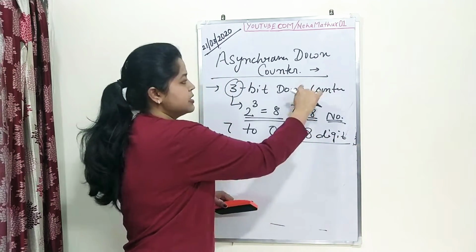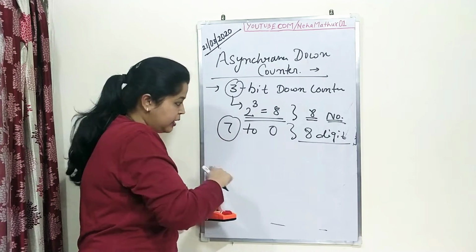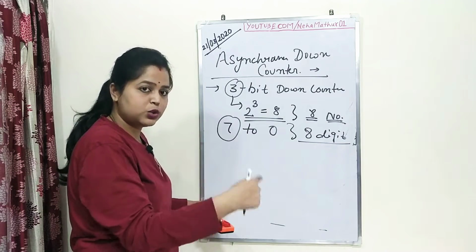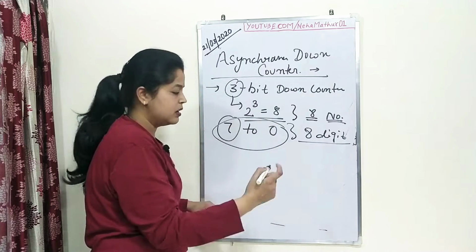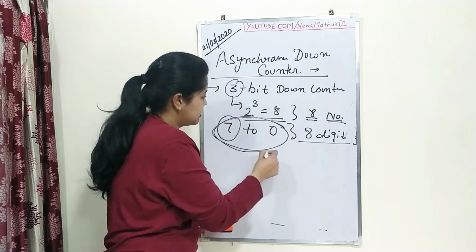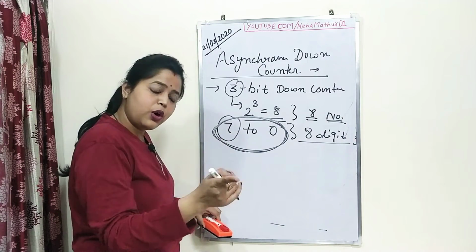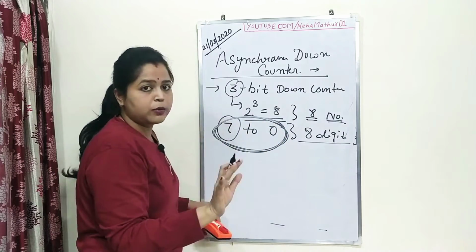And since it is a down counter, the counting will start from 7 and proceed with 7 6 5 4 3 2 1 0, and the process recycles, so it will work in a recycling manner, 7 to 0 and again 7 to 0, until a clock pulse is applied.